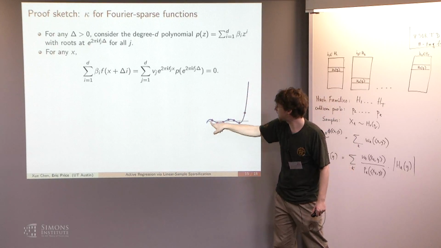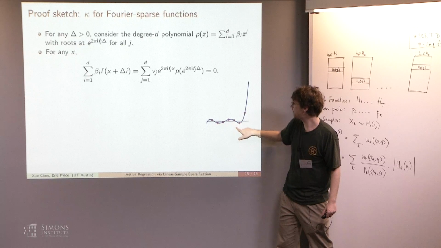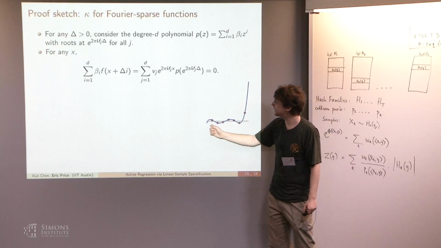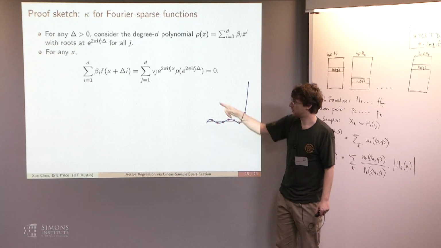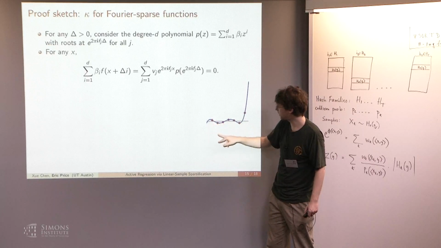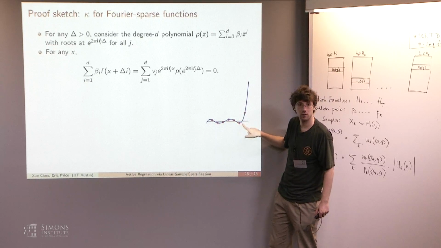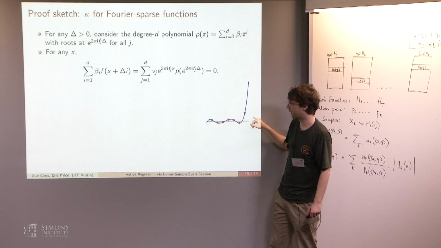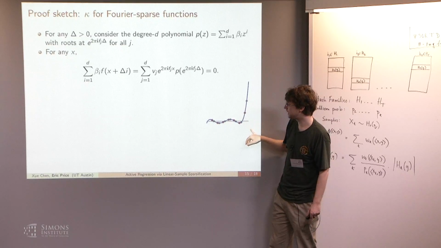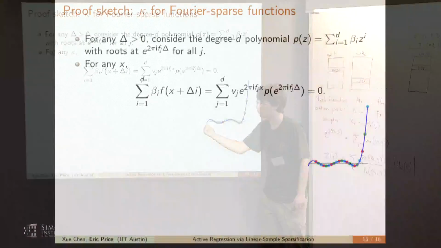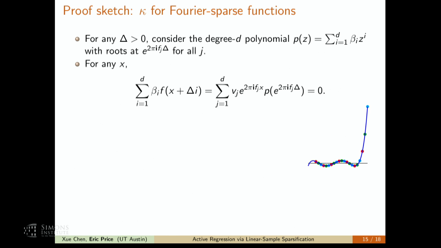We look at a sequence of d positions that are each separated by delta. And we're saying there exists a linear combination, the sum of beta 0 times this value plus beta 1 times this plus beta 2 times this, and so on, such that the sum is equal to 0 here, and equal to 0 here, and equal to 0 here. That it's equal to 0 regardless of what position, what offset x you have.